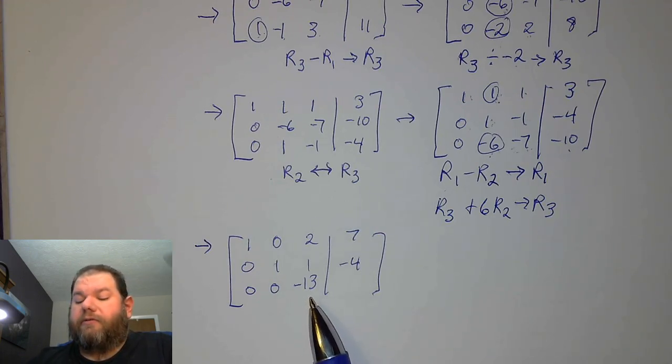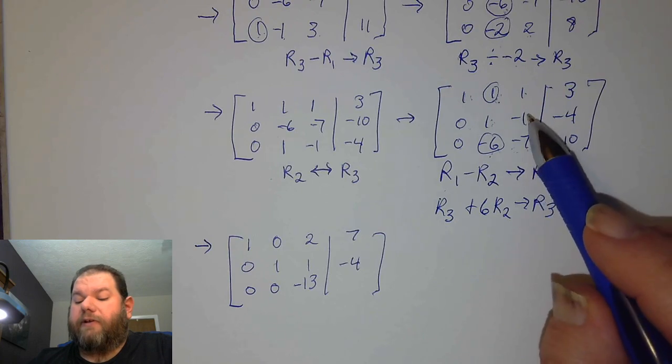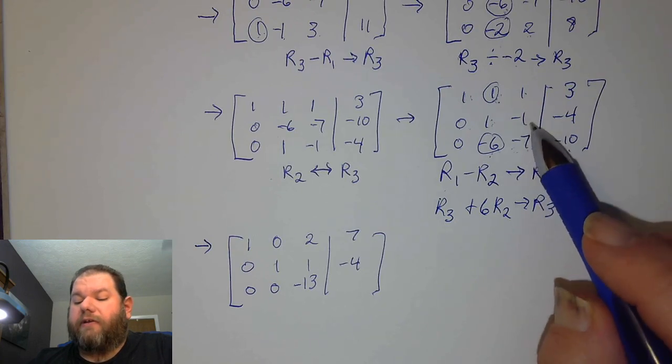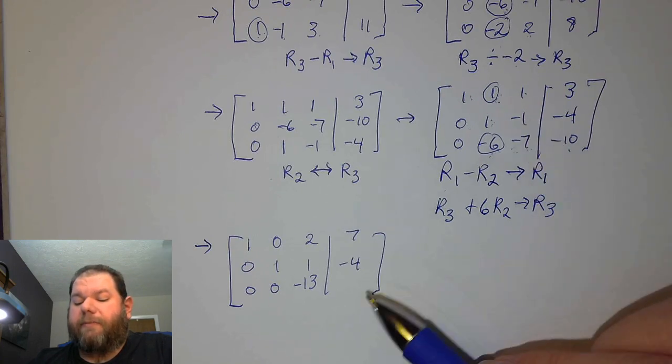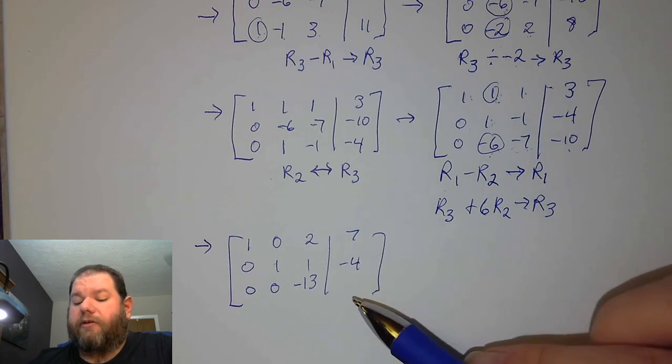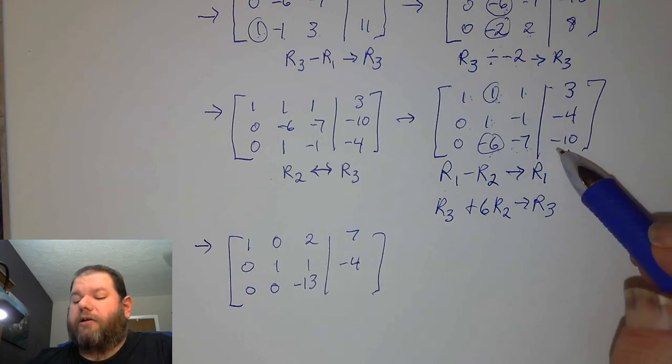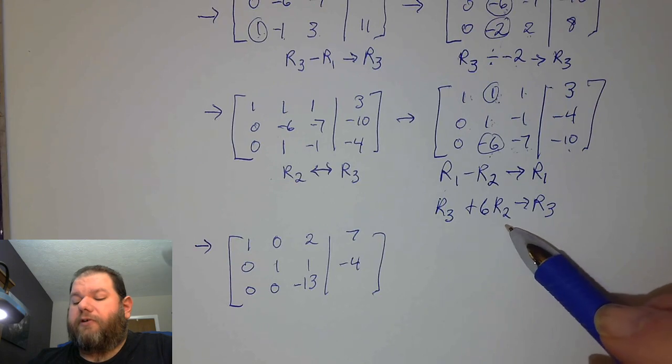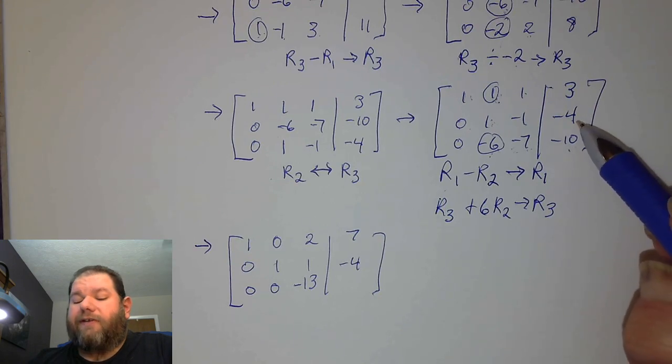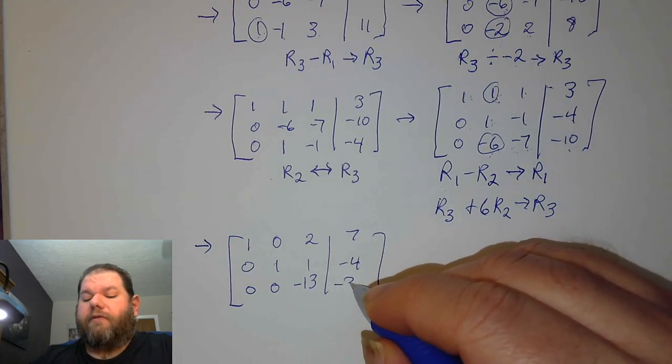Let's see, so negative 7 plus 6 times negative 1 is negative 7, and negative 6 makes negative 13. So the last one here, R3 plus 6R2, so negative 10 and 6 times negative 4, so negative 10 and negative 24 is negative 34.